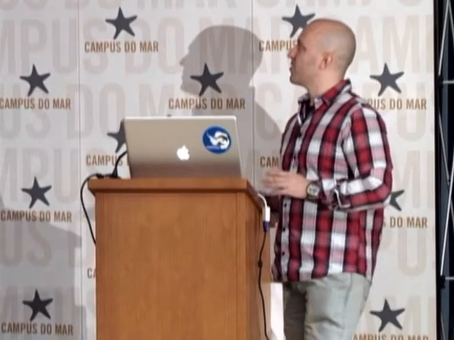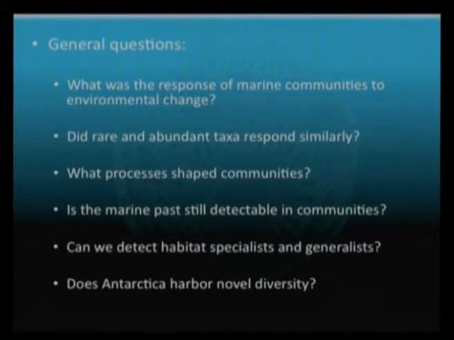The questions we had in very general terms were: what was the response of marine communities to environmental change? They originally were marine, then they were exposed to very different conditions, so what happened? Then, what happened with rare and abundant taxa? I will come back to this, because I have to tell you why we think it's interesting to look at rare and abundant.